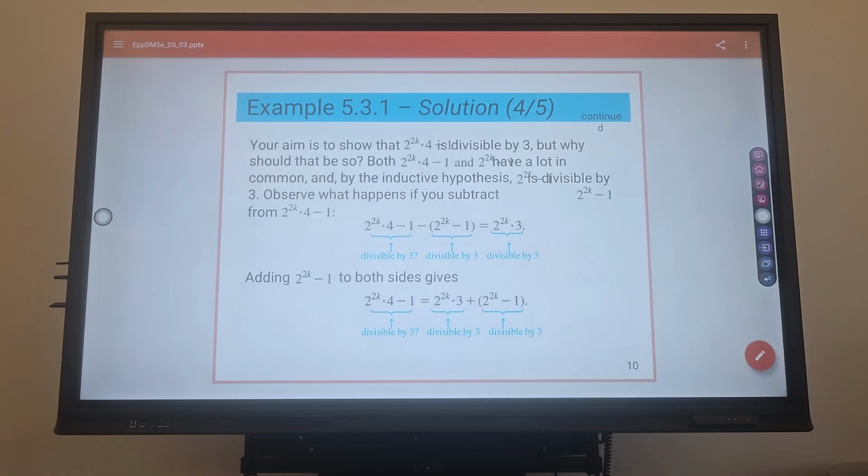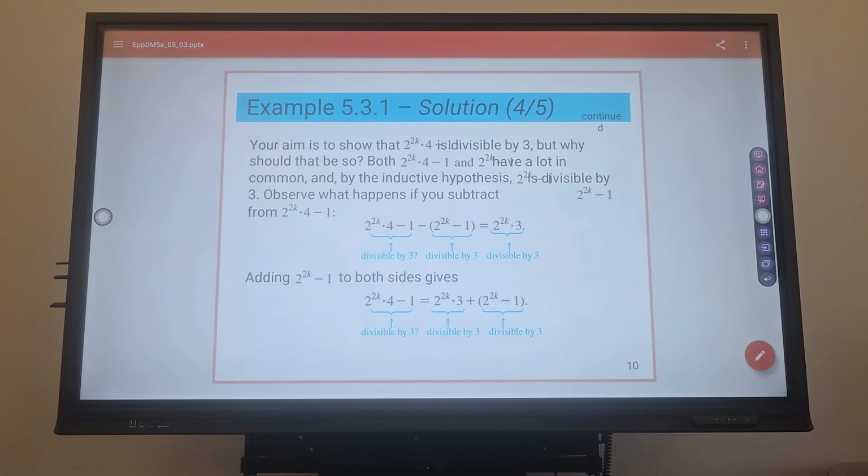Observe what happens when you subtract 2^(2k) minus 1 from 2^(2k) times 4 minus 1. You get 2^(2k) times 3, which is divisible by 3 because it has 3 as a factor.